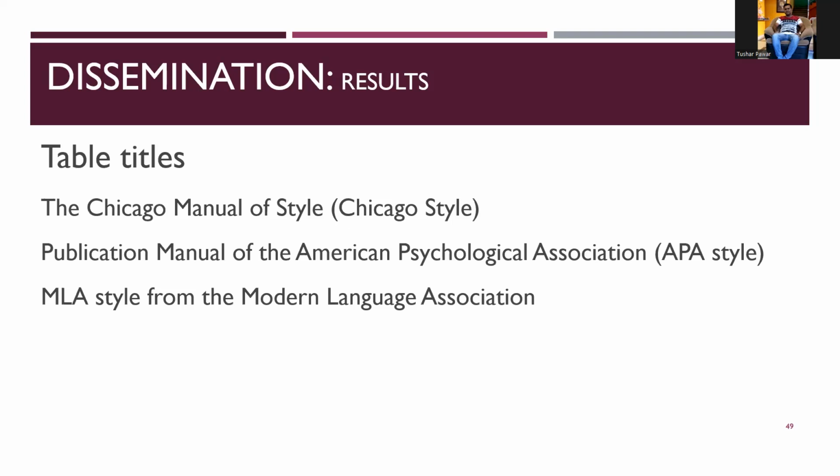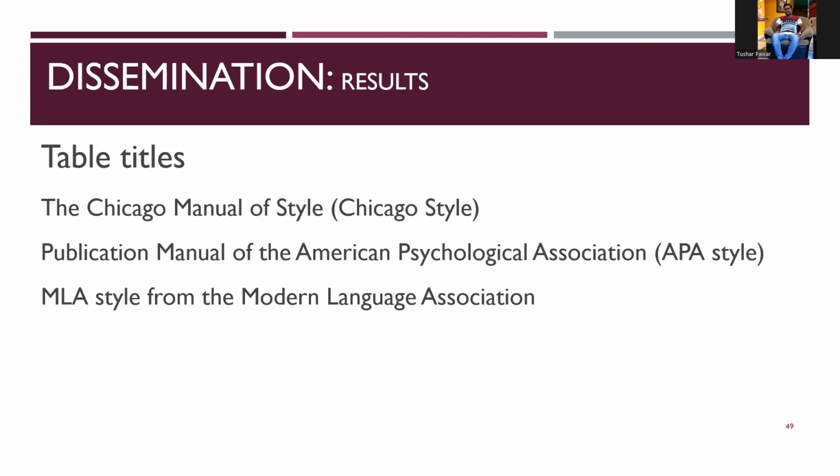Now, when you are giving titles to the table, again there are different styles. I am referring to the three important styles here: Chicago Manual of Style, referred to as the Chicago style; Publication Manual of the American Psychological Association, APA style; and MLA, the Modern Language Association style.